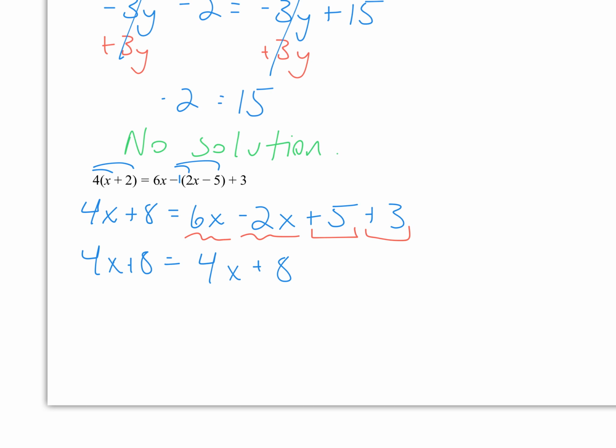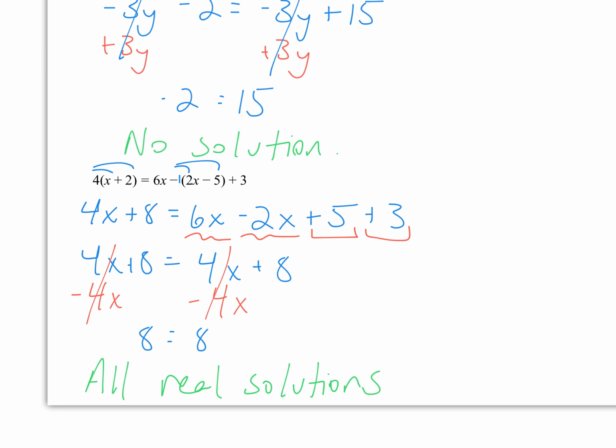So you can probably from here say, well, this is going to be an identity solution. But if I continue this on using our patterns with addition and multiplication properties, subtract 4x from both sides, you're left with 8 equals 8. Obviously, this is now an identity where 8 always equals 8. So this is an answer with all real solutions. In other words, no matter what number I plug in for x here and here and here, the left side is always going to equal the right side.